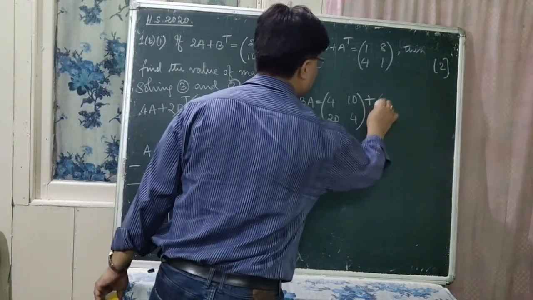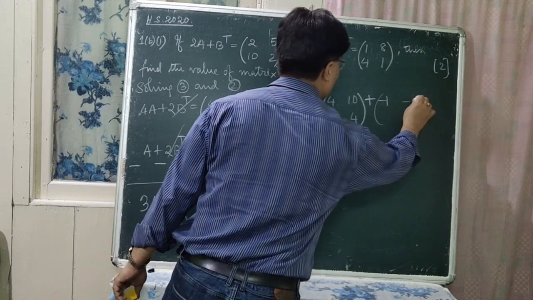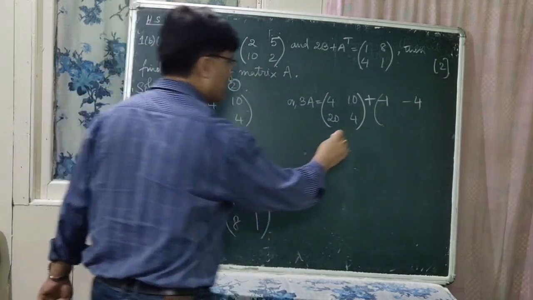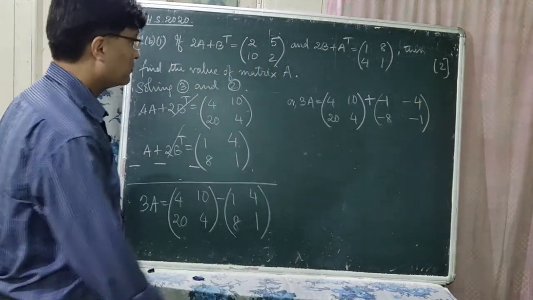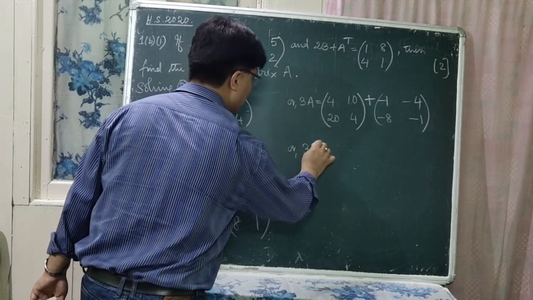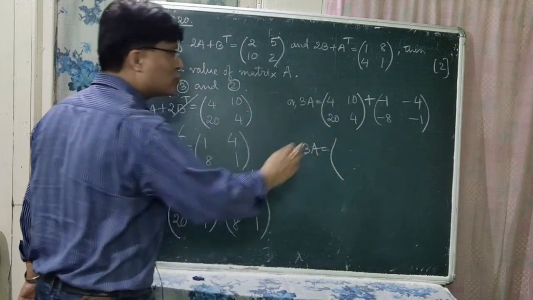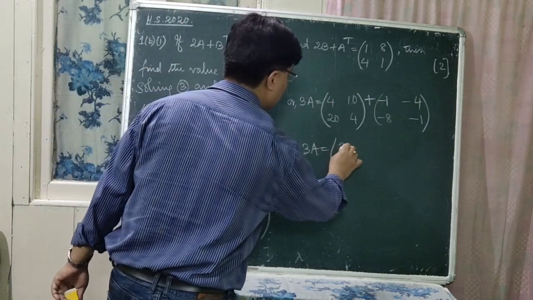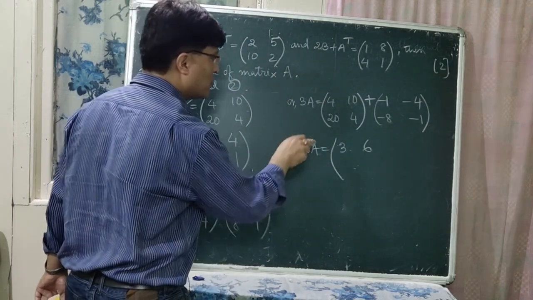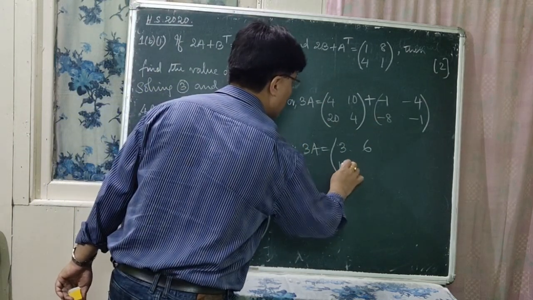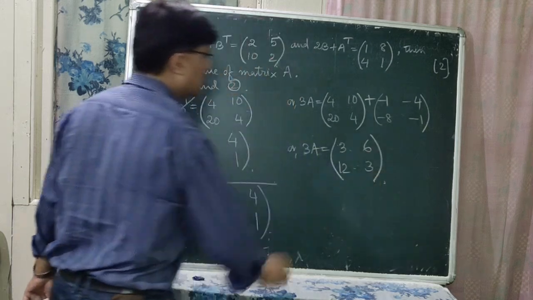What do we get? Minus 1, minus 4, minus 8, minus 1. Next, you can add those two matrices. 4 minus 1 is 3, 10 minus 4 is 6, 20 minus 8 is 12, and 4 minus 1 is 3.